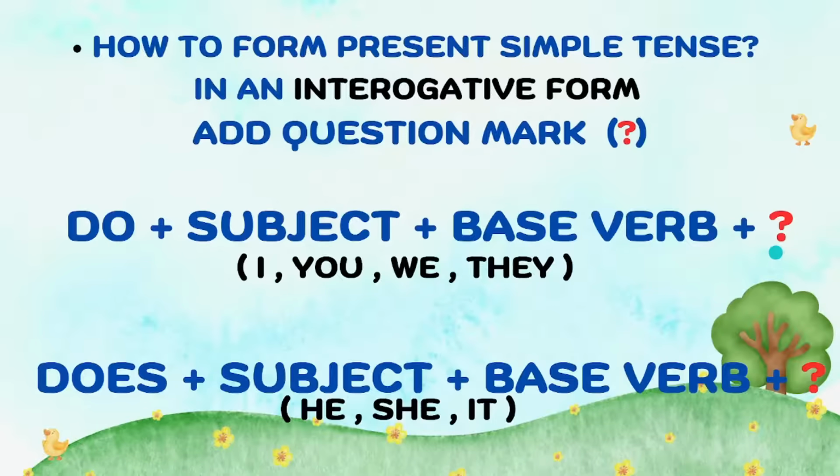Do not forget, everyone, to put this punctuation mark, because if we do not put it at the end of the sentence, it will not be in an interrogative form or a question form sentence.